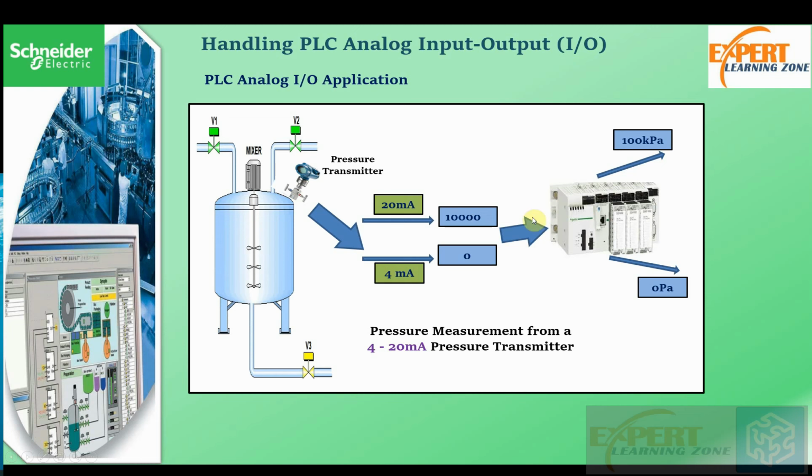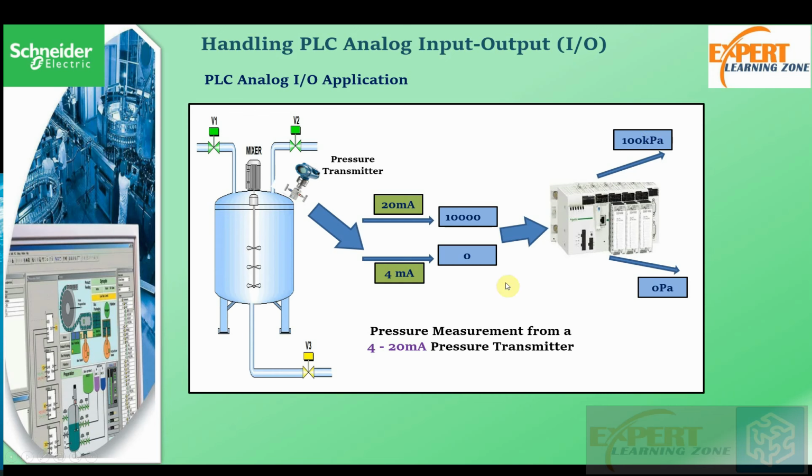This is a typical range of some of the analog IO modules for our PLC. If this pressure transmitter can sense pressure from 0 to 100 kilopascal, then it means that our PLC should be able to convert this 4 to 20 milliamps to 0 to 100,000 pascal.